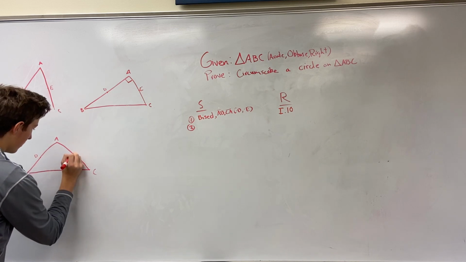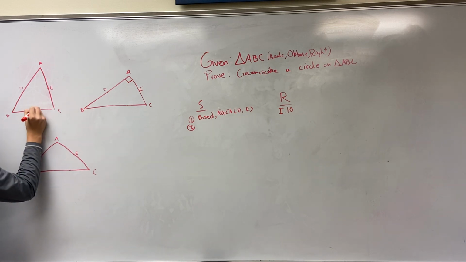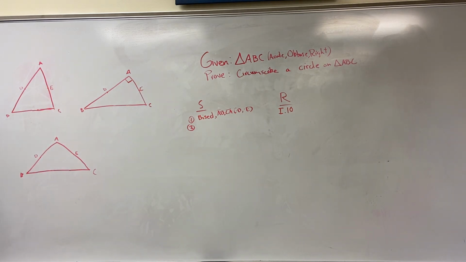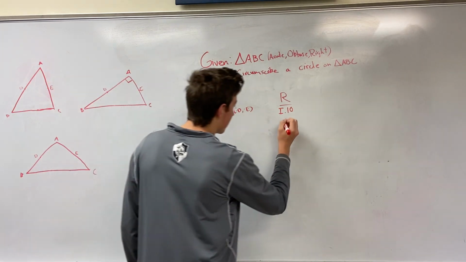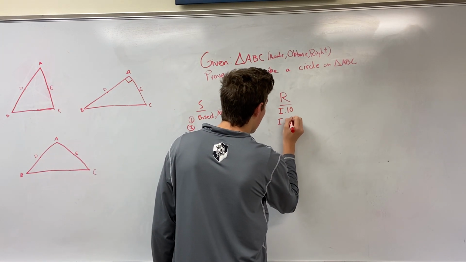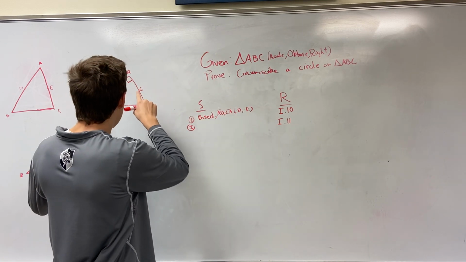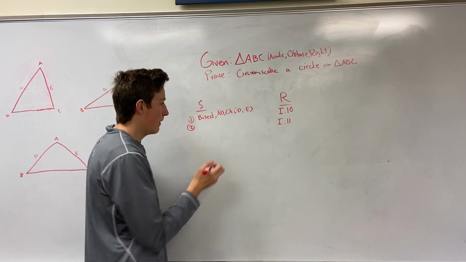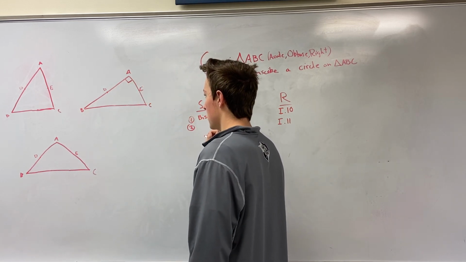Next we're going to use proposition 11 to raise a perpendicular until they connect, and that will be the center point. So we're going to use proposition 11 from book 1, which allows us to raise a perpendicular from a point on a line.